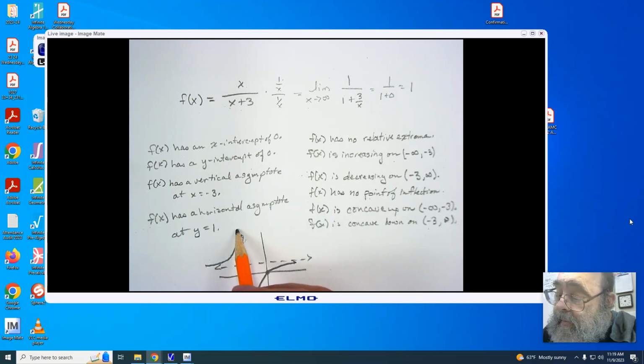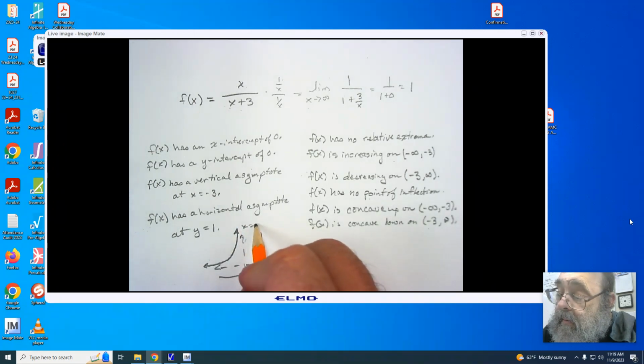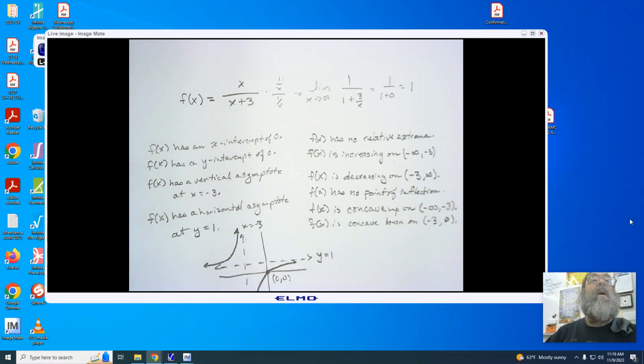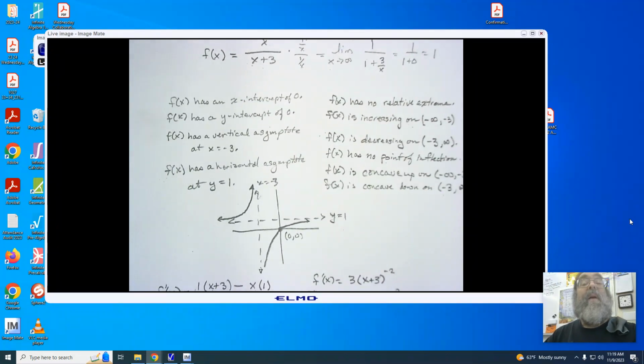Concave up. Now we label things. And there we go. We now have our graph. And this now fits the information given.